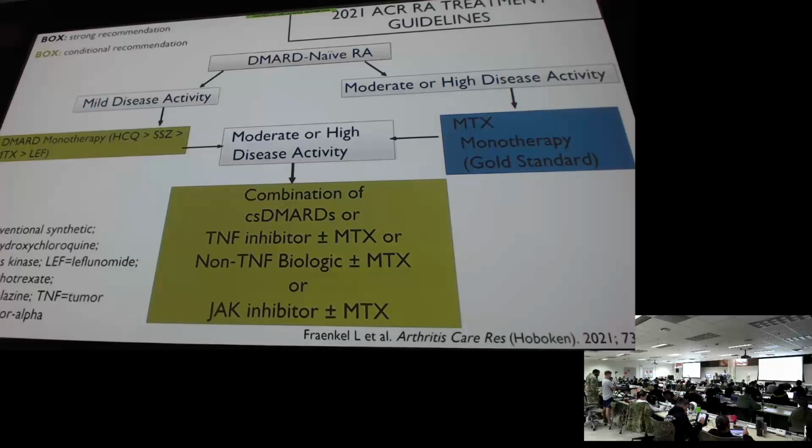The take-home point here at the bottom, which is conditional recommendations, but you'll see in the green box at the bottom there, it says a combination of the conventional synthetics, which would be methotrexate and some others we're going to talk about, the conventional synthetics being a class, or we call them traditional as well, methotrexate in that class, and there's a few others.